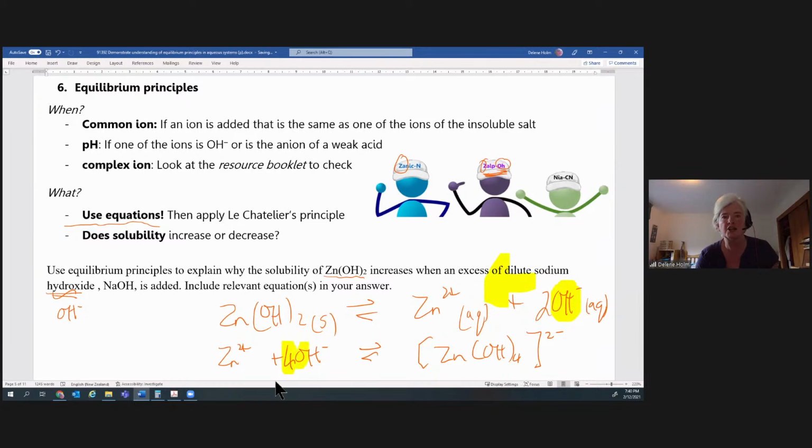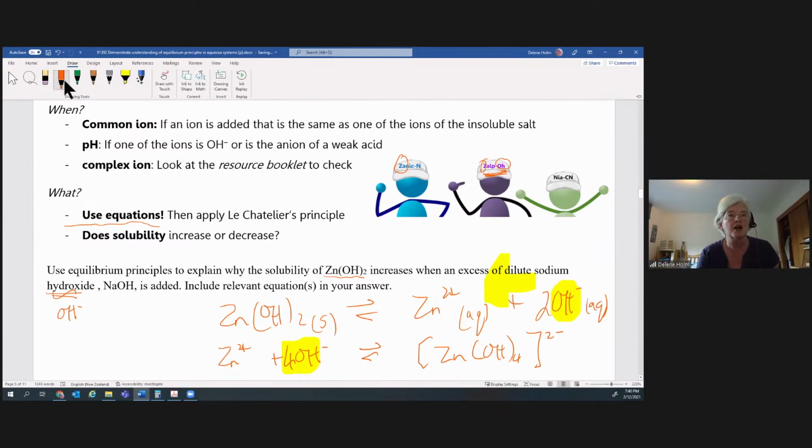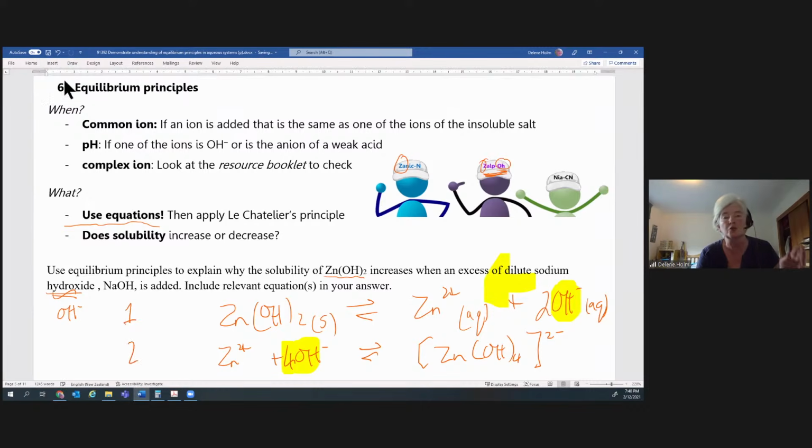So if I keep on adding lots of hydroxide, then what's going to happen is this equation, so label them as equation 1 and equation 2, so the examiner knows which one you're referring to. So in equation 2 now, as I keep on adding more and more hydroxide, then this equilibrium is going to shift towards the right to try and use up the hydroxide.